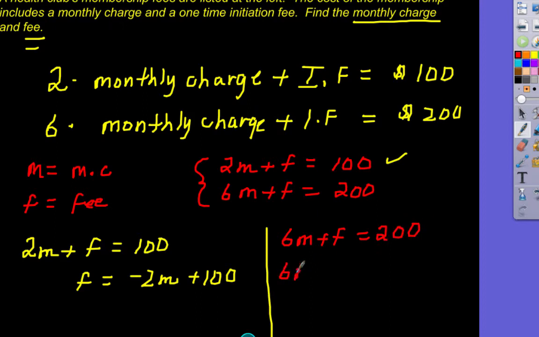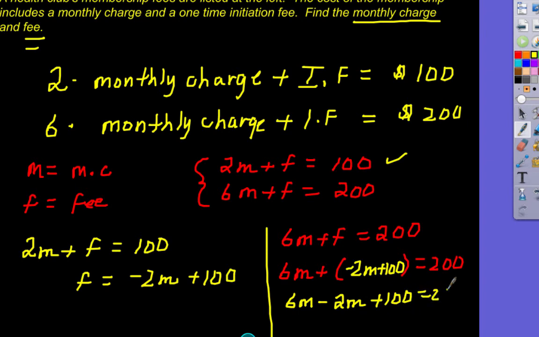So 6M plus our F, which was negative 2M plus 100, equals 200. Now we have to multiply and simplify that out. So this becomes 6M minus 2M plus 100 equals 200. So 4M plus 100 equals 200.